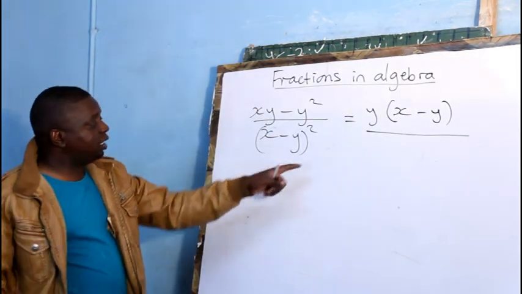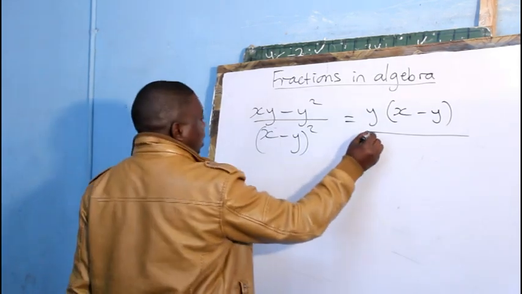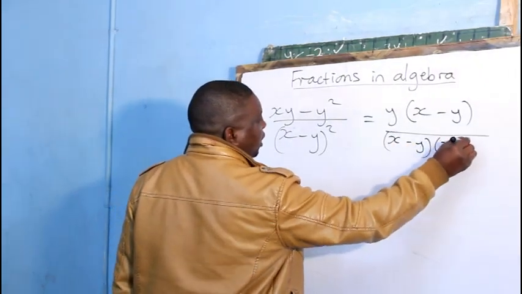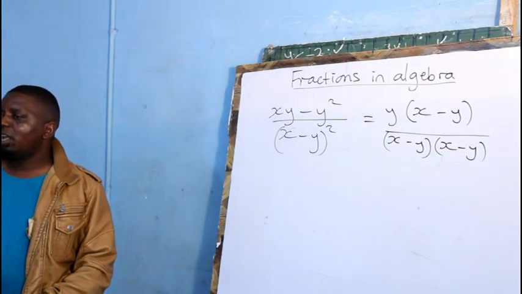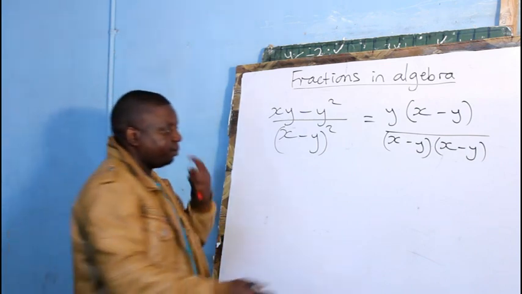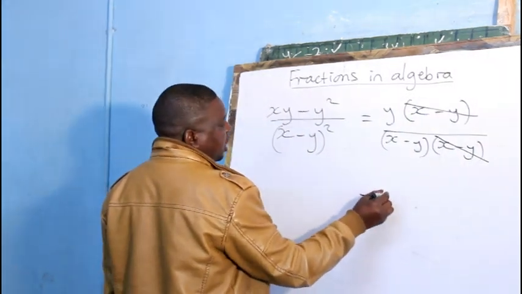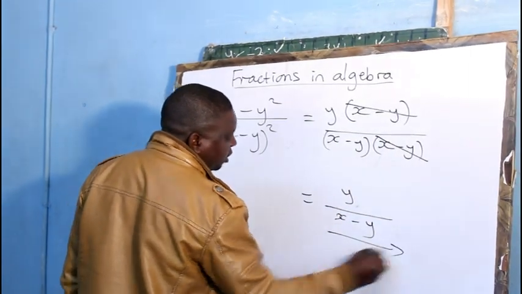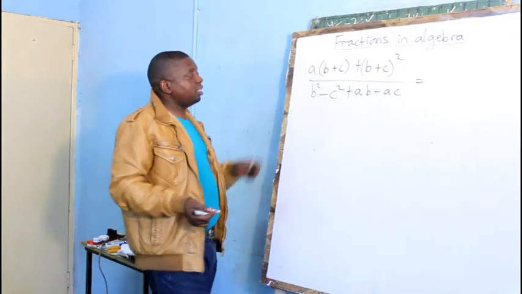On the bottom, it means this one is multiplying itself twice. So x minus y is a factor of what? Of x minus y. There is a common factor, x minus y. So we cancel and we are left with y over x minus y.